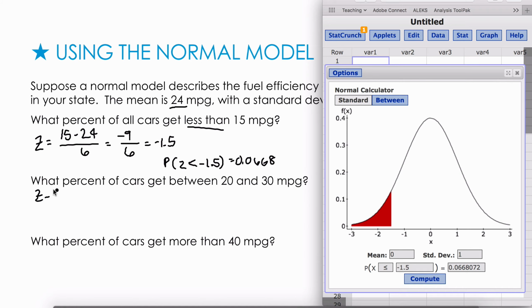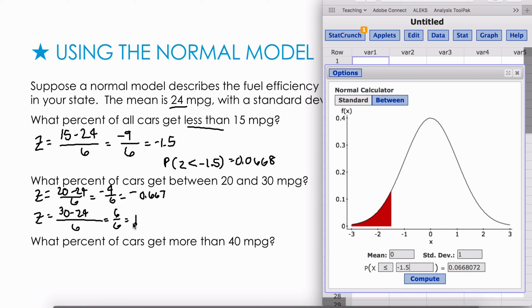So again, I'm looking at observed of 20 minus 24 divided by my standard deviation, which is negative 0.667, and a value of 30 gives me 30 minus 24 divided by 6, which is 1.